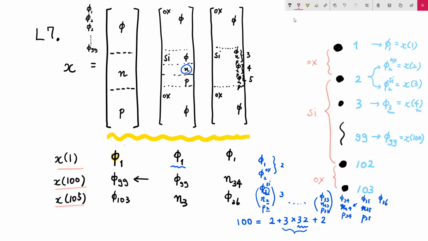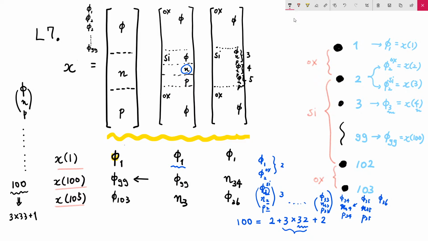If we have something like this, phi n p, this basic routine is repeated everywhere. If we have 100 points, then we can decompose it into 3 times 33 plus 1.